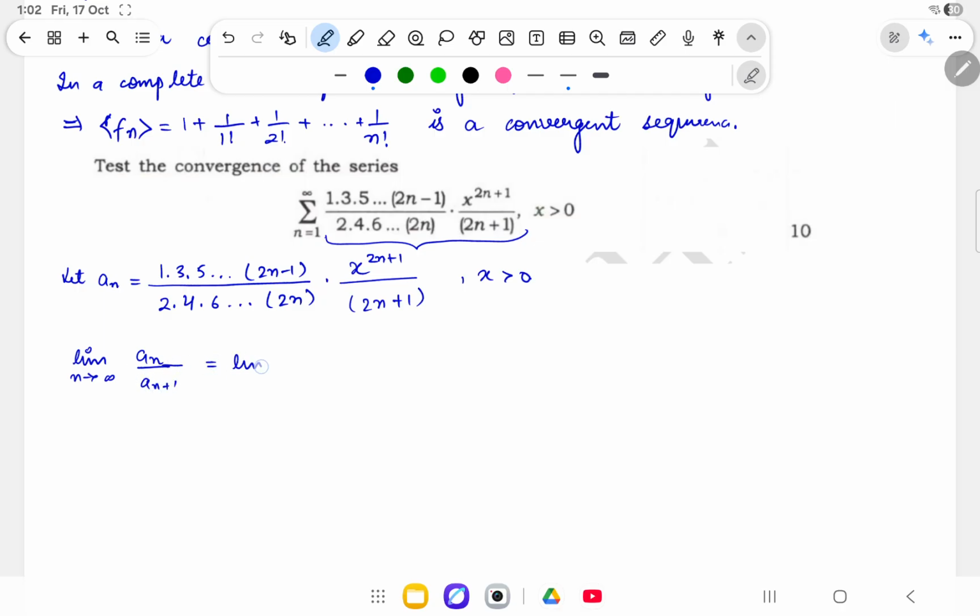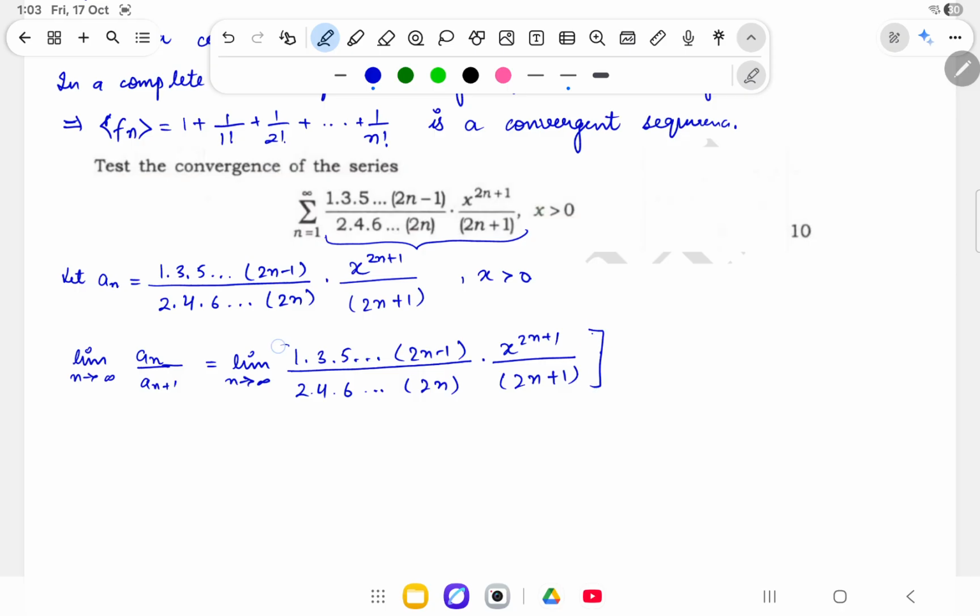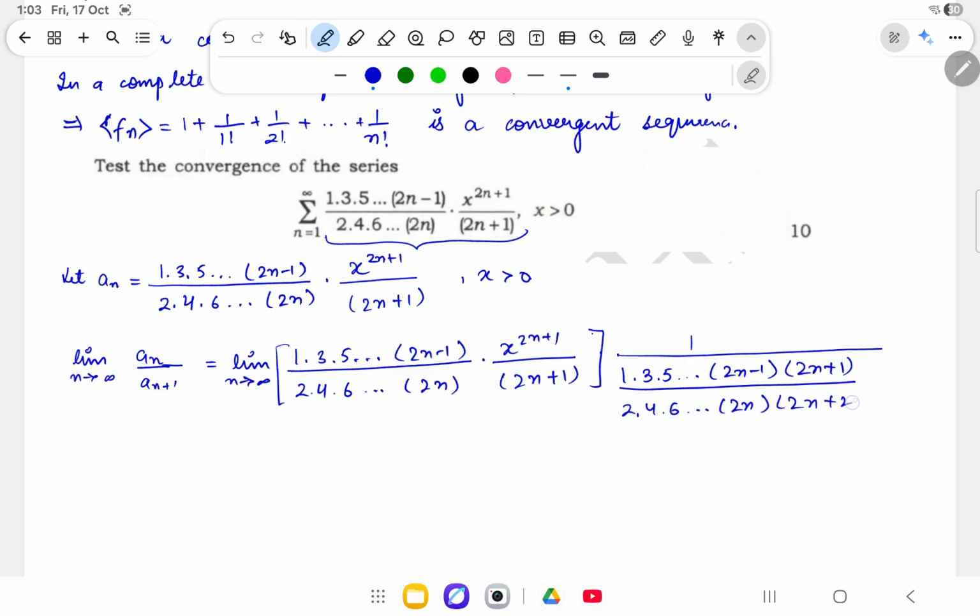If I calculate it, I'll get the limit as n approaches infinity of 1 3 up till 2n minus 1 divided by 2 4 6 2n times x raised to 2n plus 1 divided by 2n plus 1, and then 1 by an plus 1, which I'll get as 1 divided by 1, 3, 5 up till 2n minus 1 and 2n plus 1 divided by 2, 4, 6, 2n plus 2 times x raised to 2n plus 3 divided by 2n plus 3.